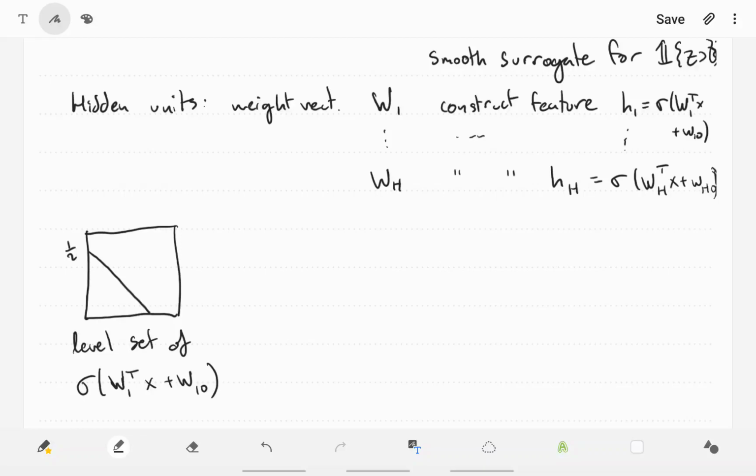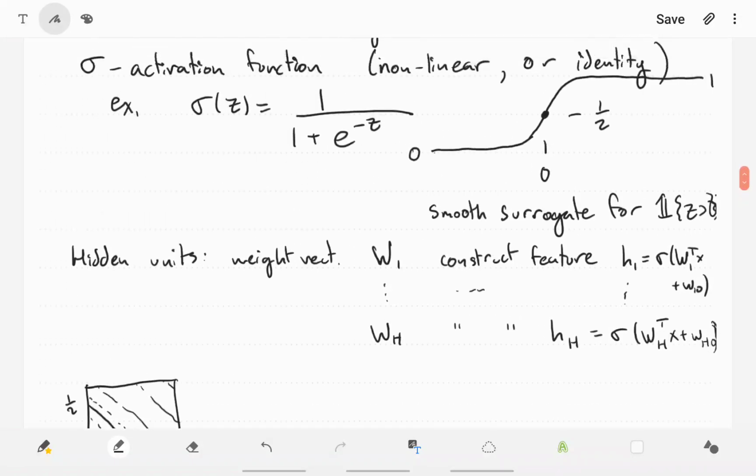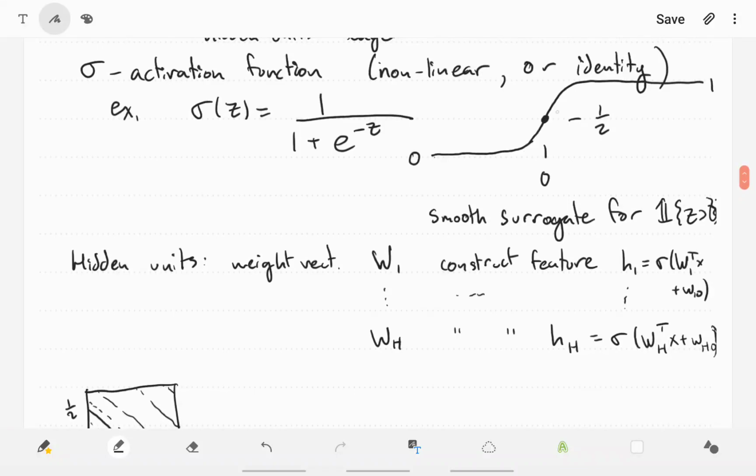The level set for 1/2 is here, and then level sets are going to be, say, here. Maybe this is for 2/3, and then it's going to be here. If you think of this as a topographical map, then you have the largest amount of change, the largest elevation change, as being around this 1/2, because that's just what the sigmoid function looks like.